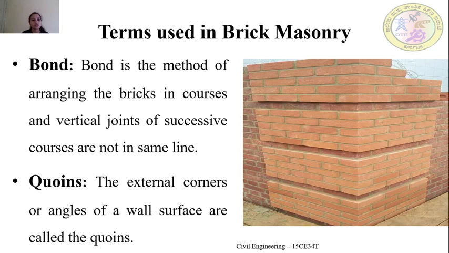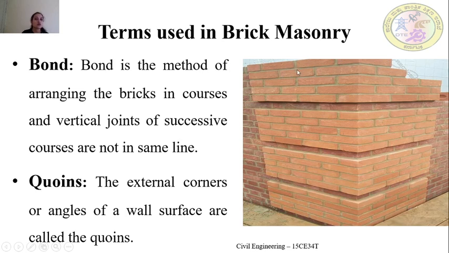Bond means the method of arranging the bricks in courses so that the vertical joints of successive courses should not be in the same line. Here you can observe the first course joints are not in the same line.